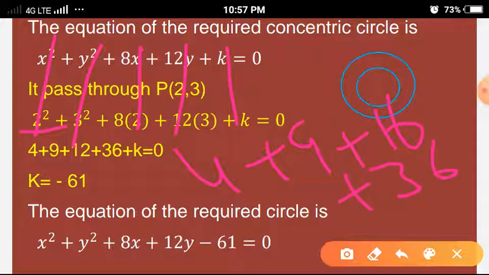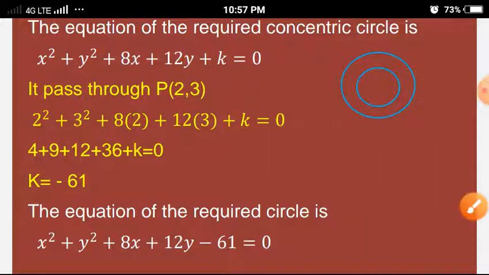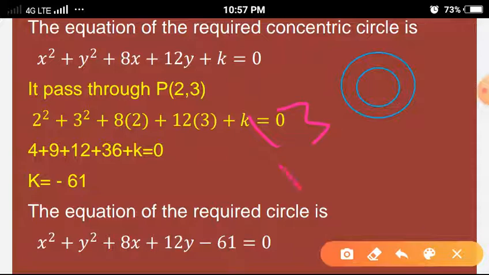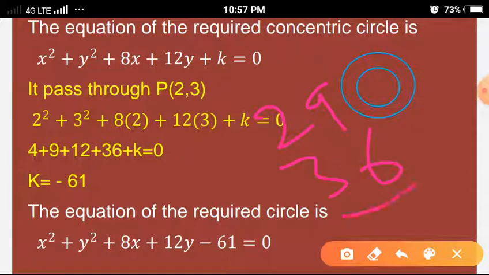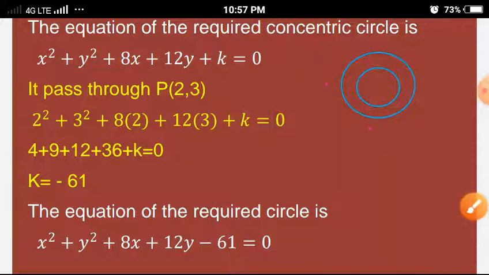Right, after adding these values, we get the k value. 4 plus 9 is 13, 13 plus 16 is 29, 29 plus 36 is 65, and we get 65.